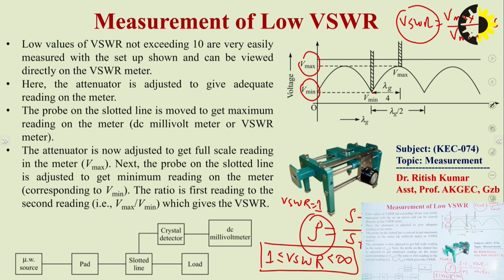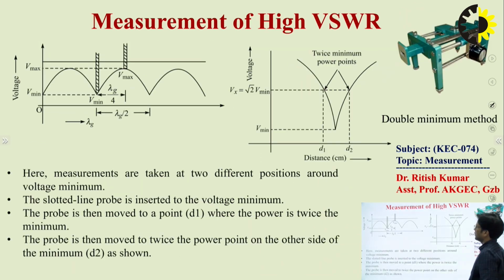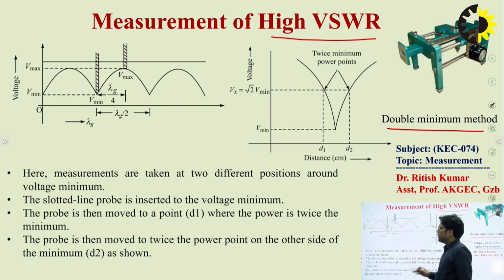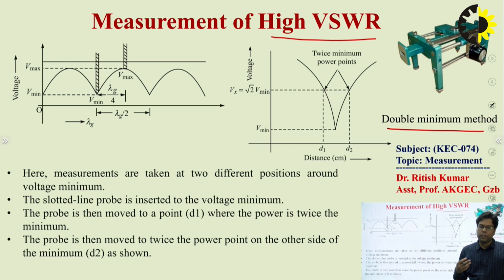Now what technique will we use to measure the high VSWR? This is the technique of high VSWR. The method that we will use here is the double minima method, right? As we are all aware from the last slide, this is the slotted waveguide section.